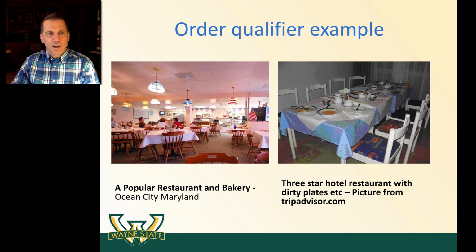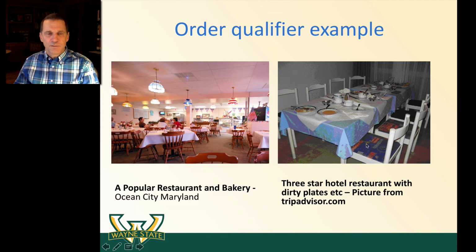So let's take a little look here at a picture. The reason for this picture is to give an example of a restaurant that's very clean and organized, well lit, with lots of open capacity, and most people would probably say that meets my qualifier, that I would be willing to eat there.